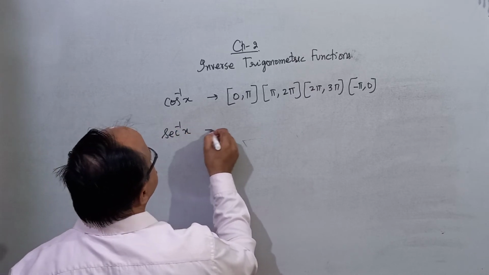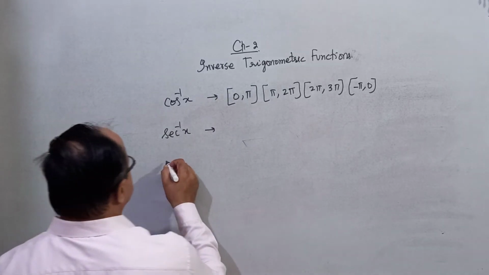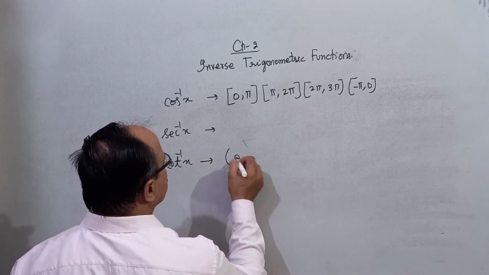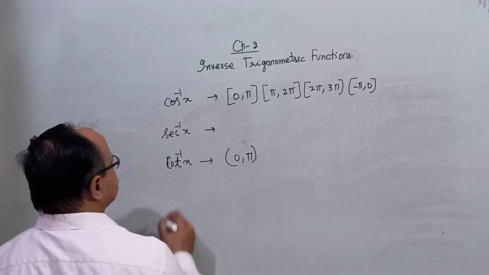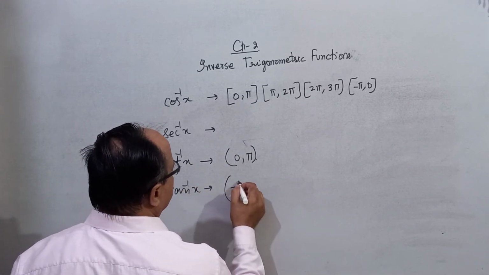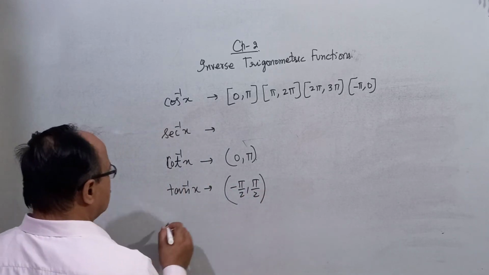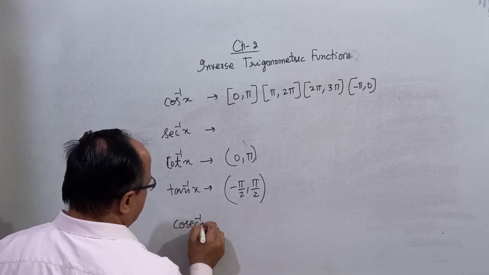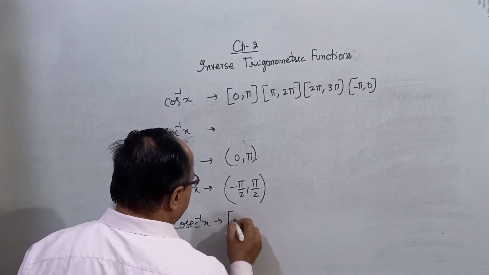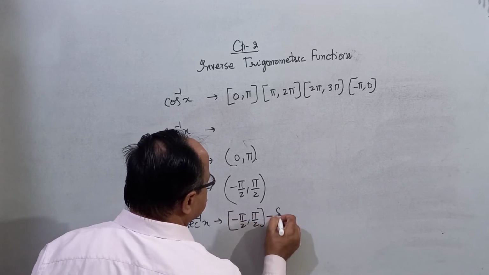Sec inverse x, cos inverse x, cot inverse x, that is 0 to pi. Clear? Tan inverse x, that is the open interval minus pi by 2 to pi by 2, and cosec inverse x, that is minus pi by 2 to pi by 2, except 0.